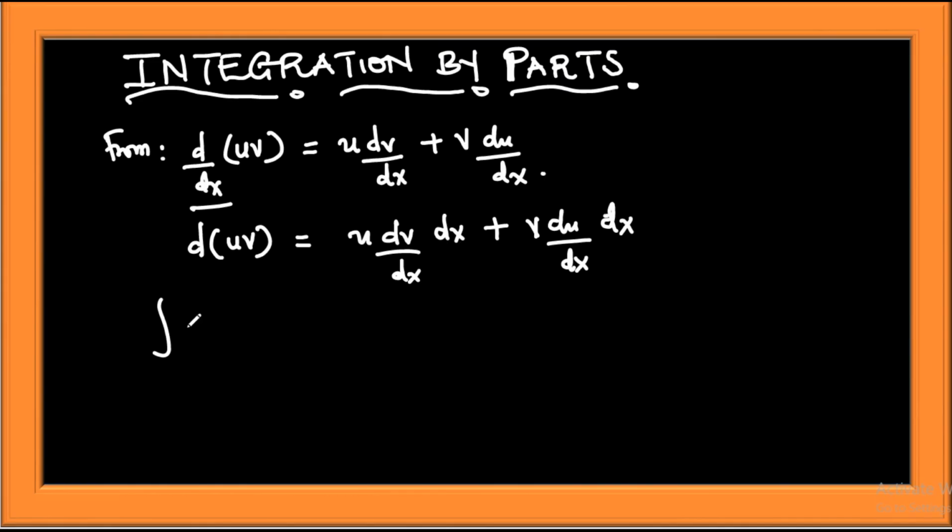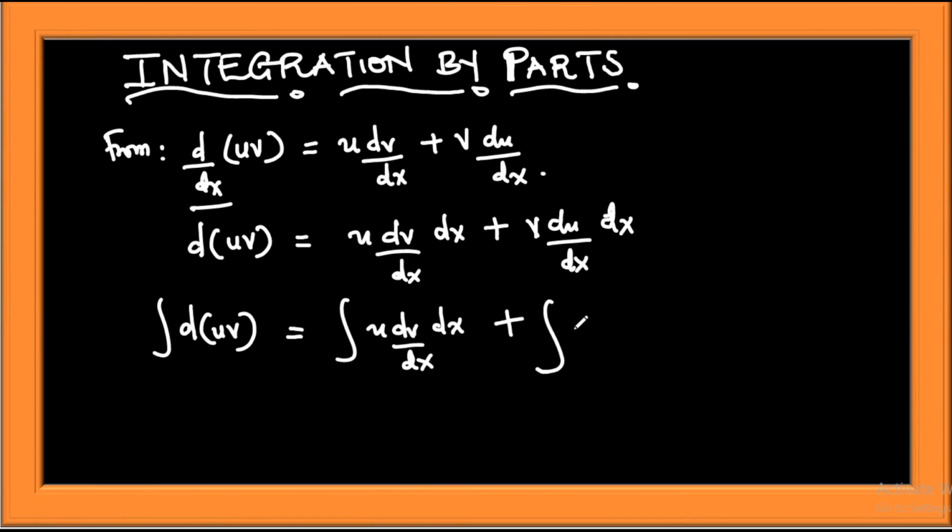From here, I will now apply an integral sign on each of the terms so that we have integral of derivative of uv giving us the integral of u dv dx with respect to x plus integral of v du dx with respect to x.